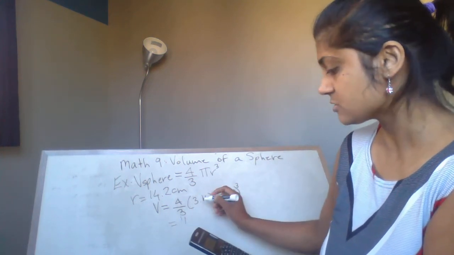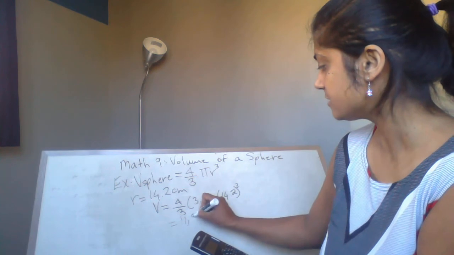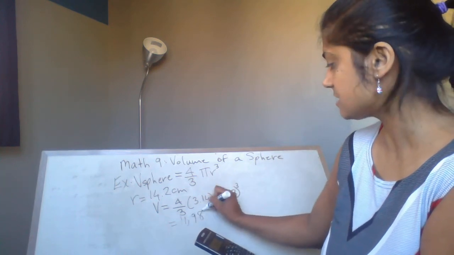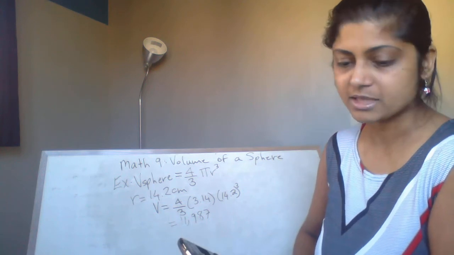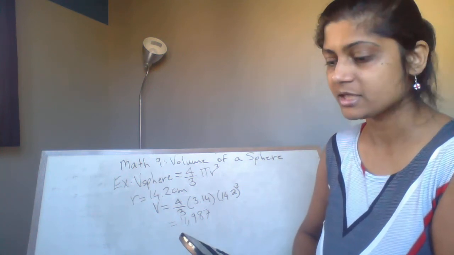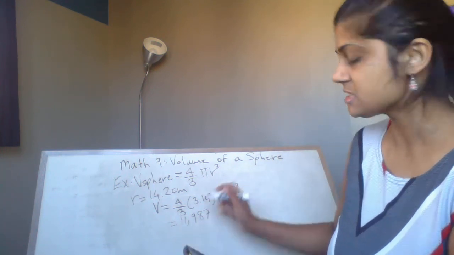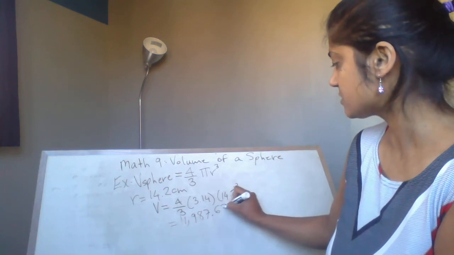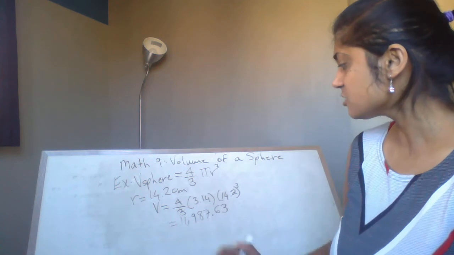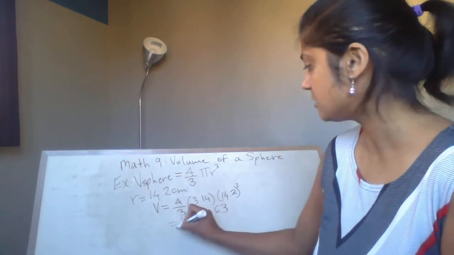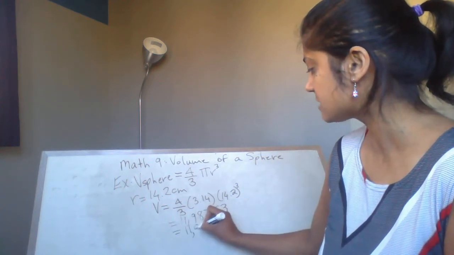So 11,987. It says the nearest cubic unit, and we're getting 11,987. Let me write the decimal so everyone can see that: 0.63. So if I'm rounding that to the nearest whole number here, 11,988.